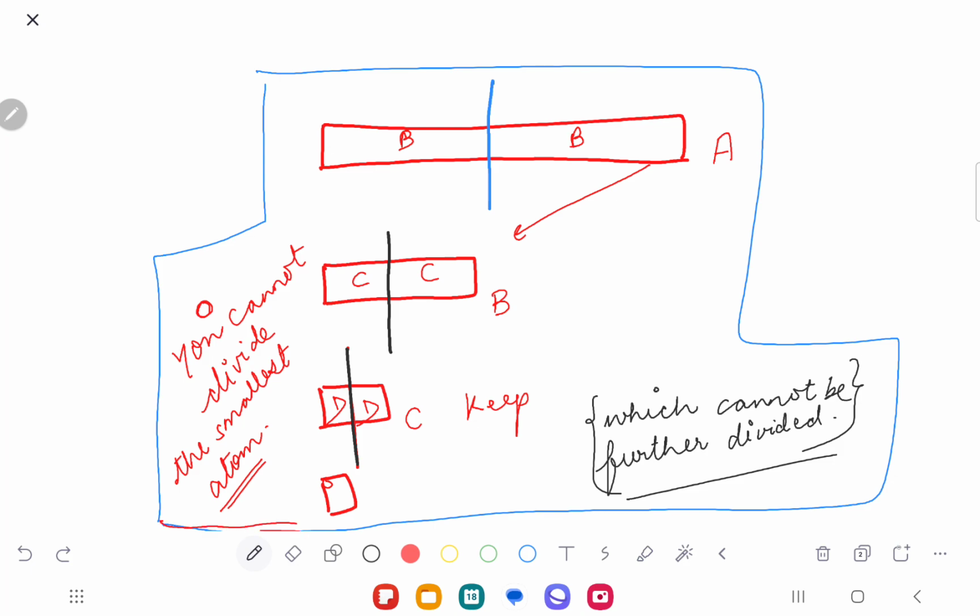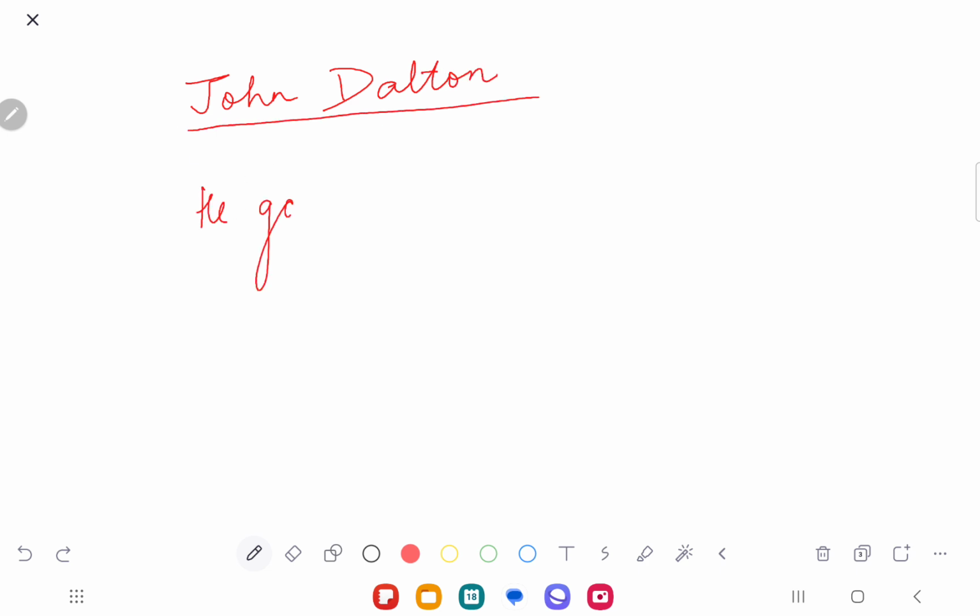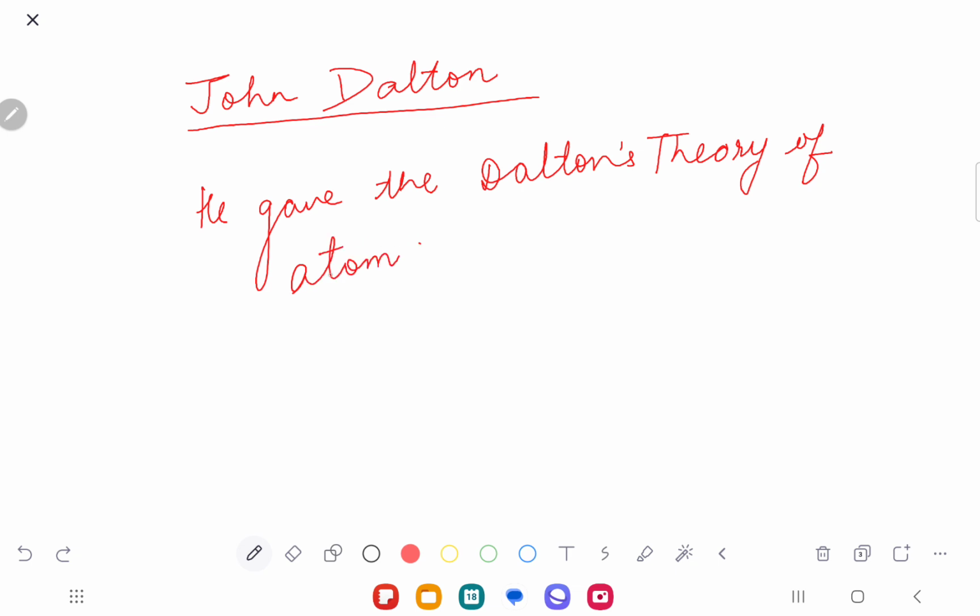Right? So basically, there was a scientist called John Dalton. He gave Dalton's theory of atom. Now, what was this Dalton's theory of atom?